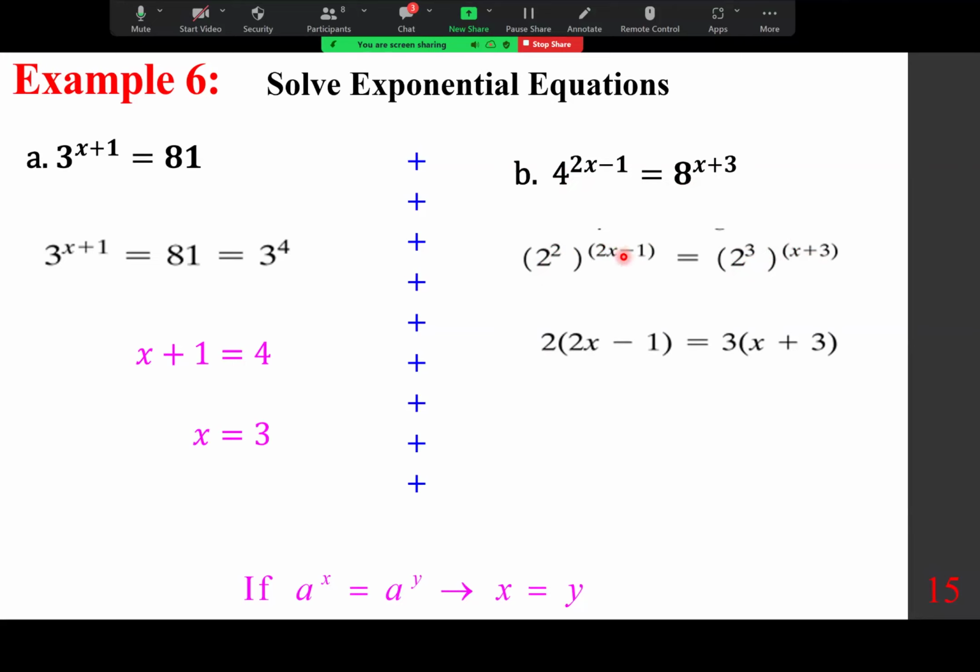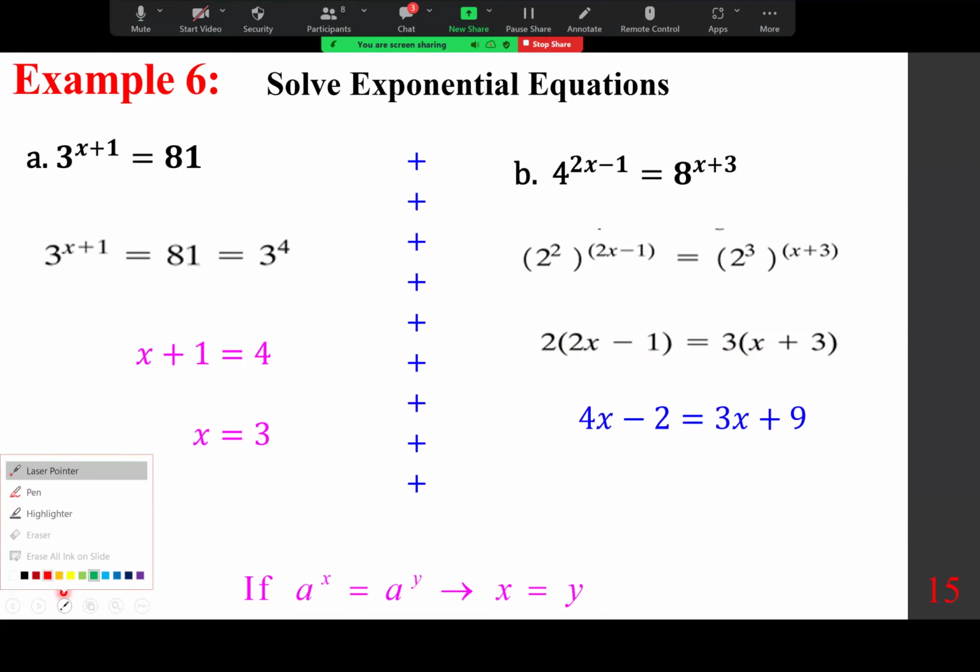So 2 times 2x minus 1 and 3 times x plus 3 must be identical. 4x minus 2 equals 3x plus 9. Move things around, x becomes 11.